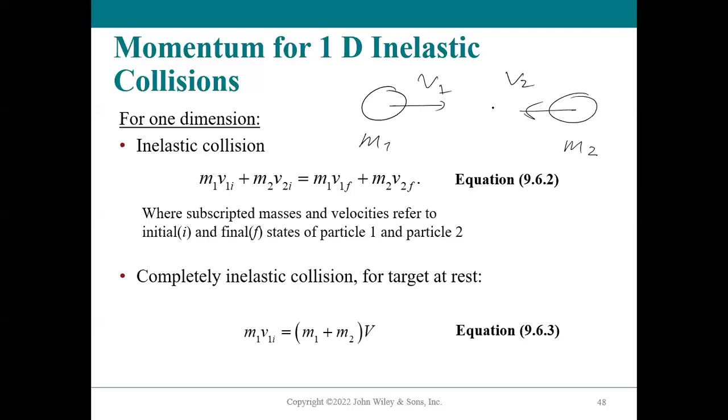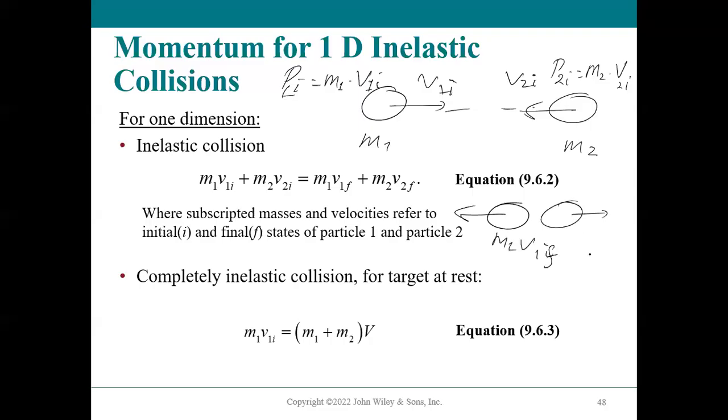These are v1i and v2i. The momentum of the first object is m1 v1i, and for the second particle it is m2 v2i. And then after the collision, we have m1 v1f and m2 v2f.